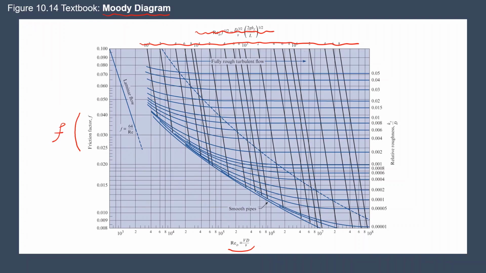And on the right-hand side y-axis, you have a term called relative roughness. Remember that friction factor was a function of Reynolds number and relative roughness, right? This is your relative roughness. Relative roughness over here is K sub S divided by D. D is the diameter of the pipe. And K sub S is a term that is called equivalent sand grain roughness.